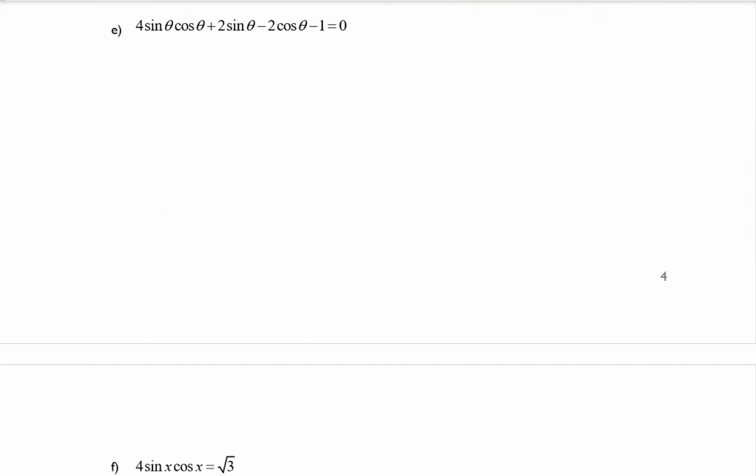Example E says 4 times sine of theta times cosine of theta plus 2 sine of theta minus 2 cosine of theta minus 1 is equal to 0. Now I'm going to break these up into two separate parts.